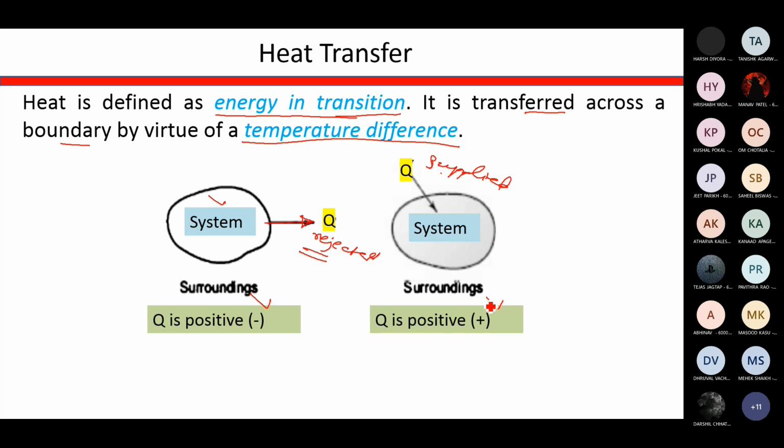So the sign convention for heat is exactly opposite to work. Work done by the system is positive, and work done on the system is negative. So the sign convention is opposite for heat and work transfer. Note it down, sign convention.